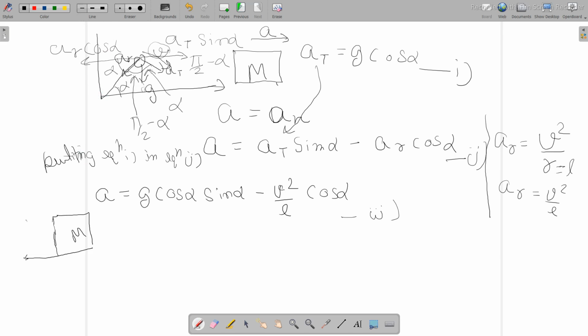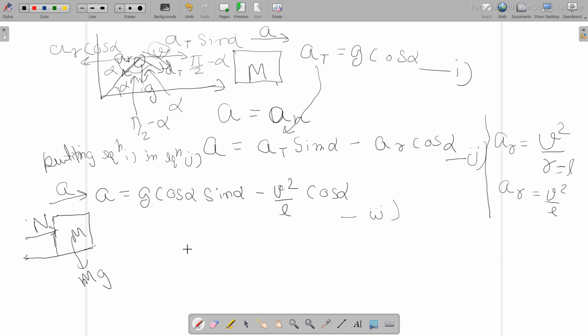Now there is a normal force due to the circular motion, or pushing due to small mass m. There is a weight force mg, and it is moving with acceleration a.